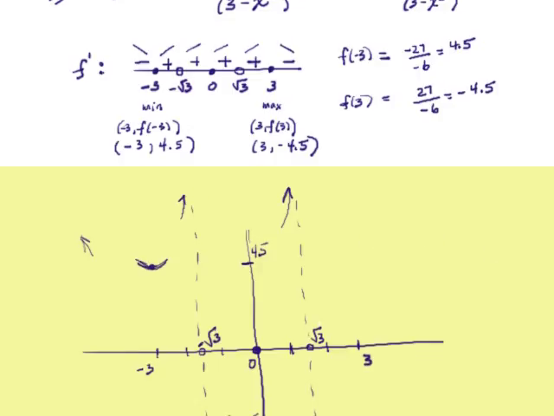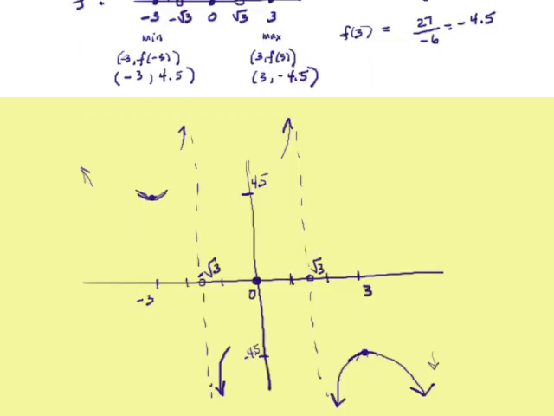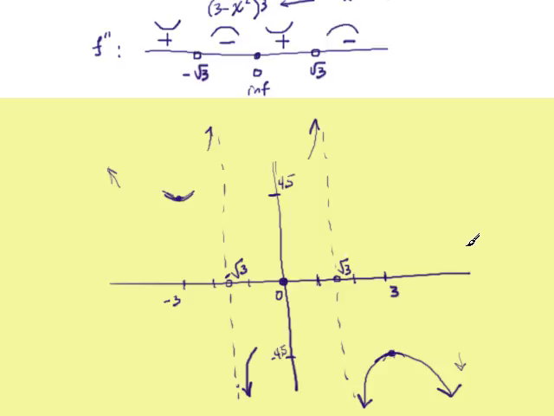All right, now let's look at the concavity chart, the second derivative, and finish filling this in. So here we have f double prime. It says that the curve is concave down to the right of square root 3. Well, that's the way we drew it. That looks good. Now here, between 0 and root 3, the curve is concave up. Here's an inflection point, and here it's concave down.